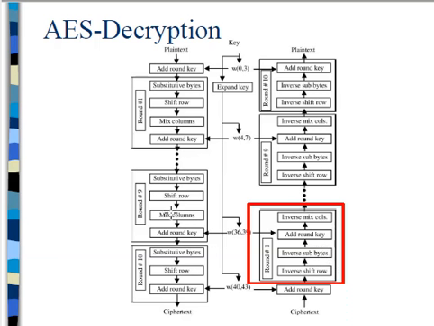But all of these steps are implemented in inverse, because all of those steps that are implemented for encryption are reversible, which means that we can use them in inverse methods.